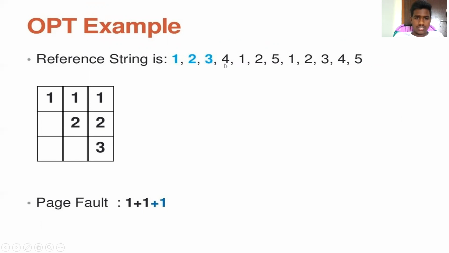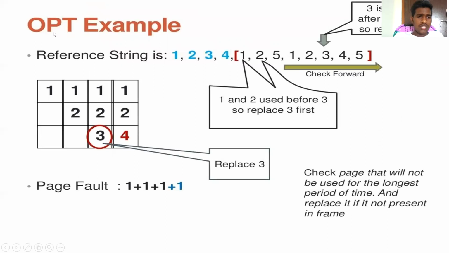So next we have to replace one of these 3 with the next, that is 4. In this optimal algorithm, we have to choose the page which will be used for the longest time. Here 3 will be used after this 1 and 2.